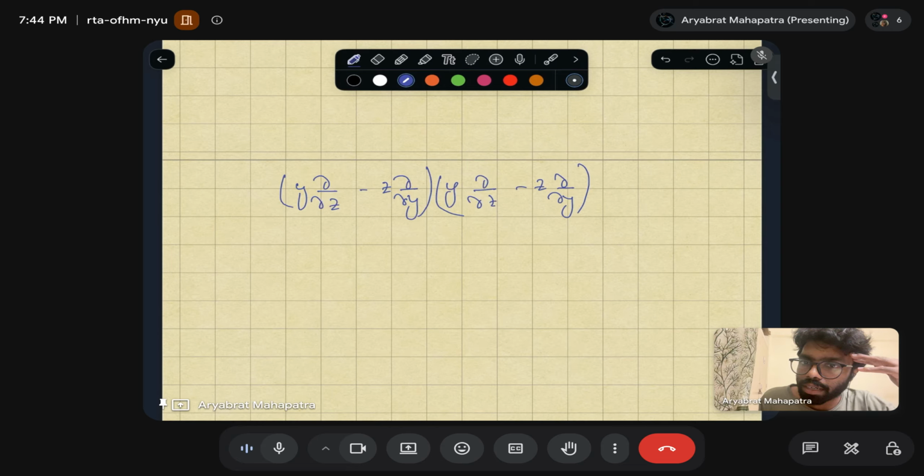I think that can be absorbed if you see the r dot p whole square term. There also you will get some factor of 2. What I'm saying is, if you calculate L square first, you will get this overall factor of 2 in the xy, yz type of terms.